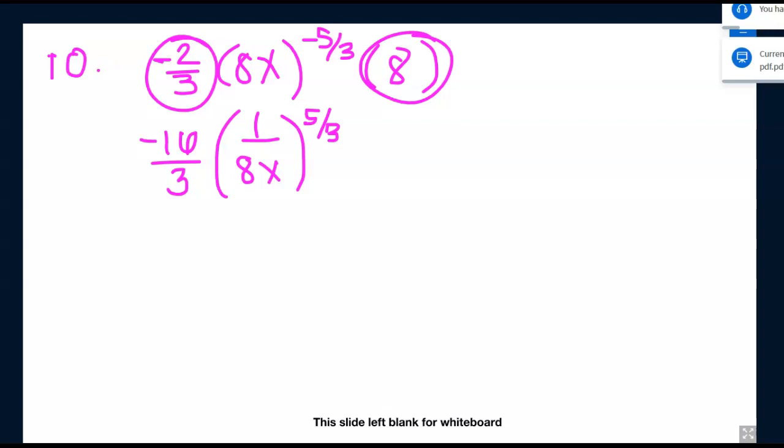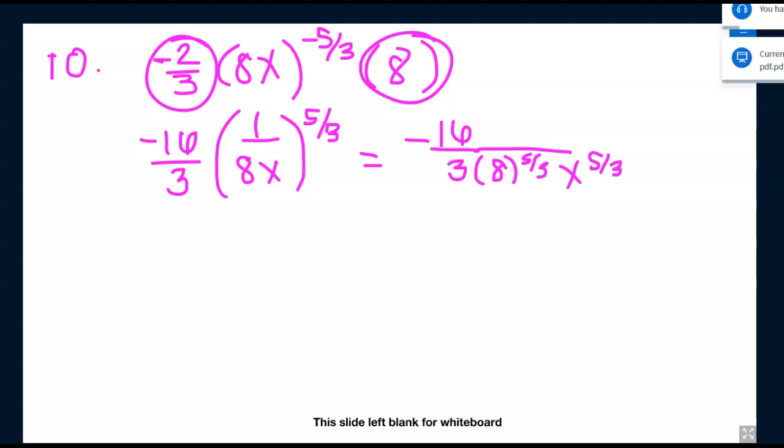And then we're going to simplify our numbers. So we'll simplify 8 to the 5/3.